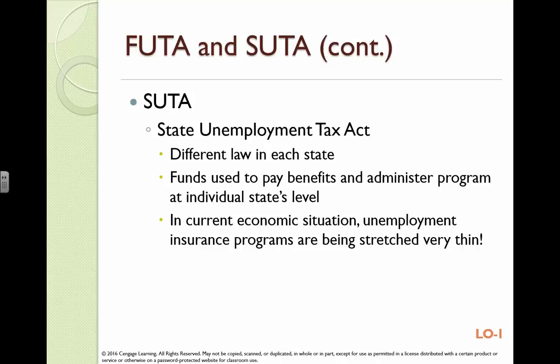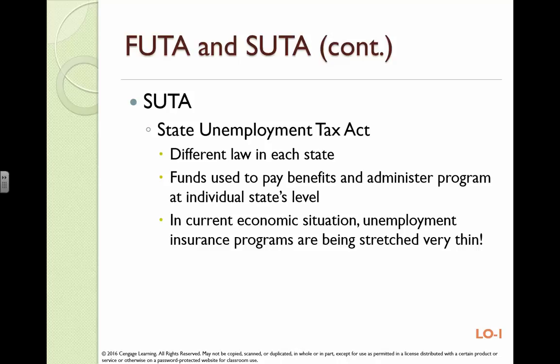And then this last comment says, in the current economic situation, unemployment insurance programs are being stretched very thin. That has really kind of turned around. Between 2008 and about 2012, even into 2013, things were very, very desperate in many states and even broke.